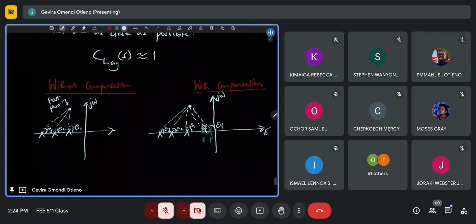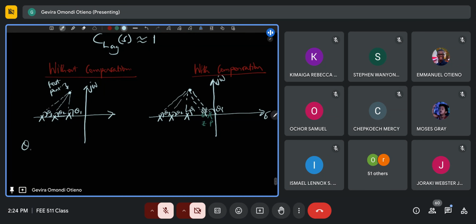Here we always say that minus theta 1, because it's a pole, minus theta 2, minus theta 3 should be equal to 180 degrees. If we compensate, we are still going to have minus theta 1, minus theta 2, and minus theta 3, because they are poles.